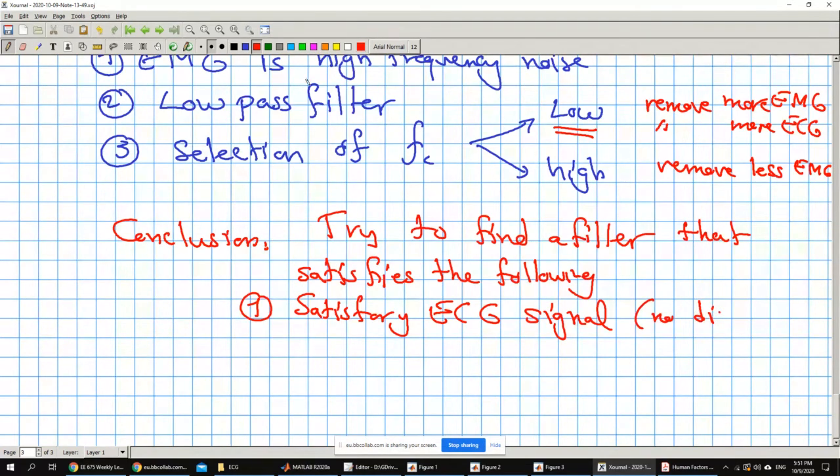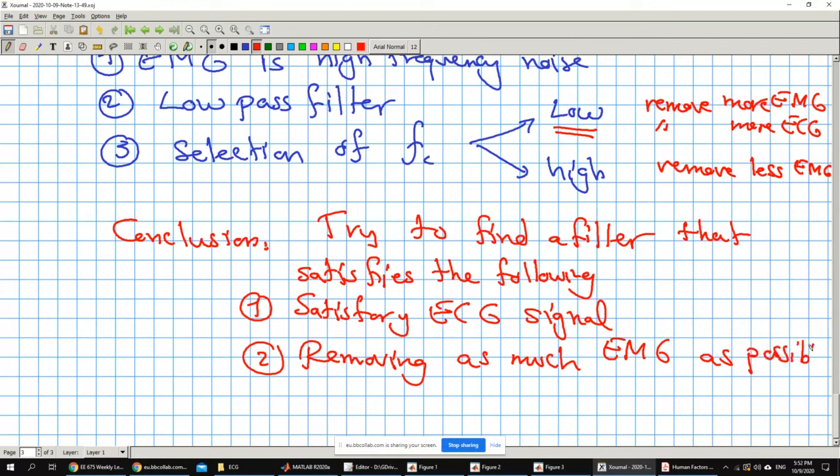Or, without saying distortion, you get as good an ECG signal as you can, while removing as much EMG as possible. So you start with a particular frequency and you try to reduce this frequency until you see a distortion in the ECG signal itself.